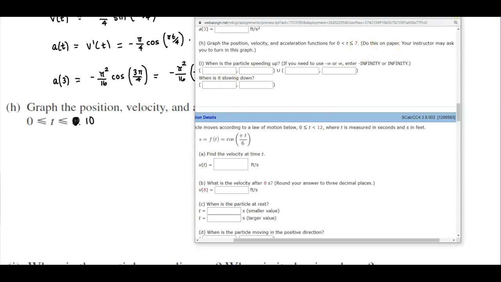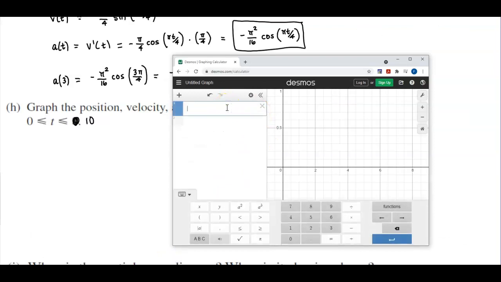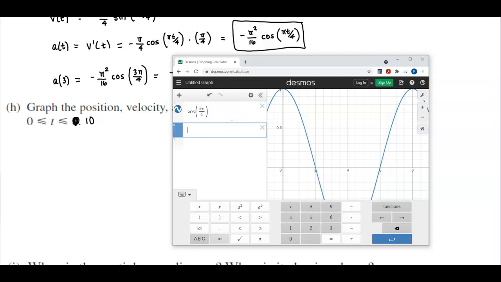So if we graph our functions, we have the position function, which is the cosine of pi, we'll call that x, divided by 4. And then the velocity function was negative pi divided by 4 times the sine of pi x divided by 4.